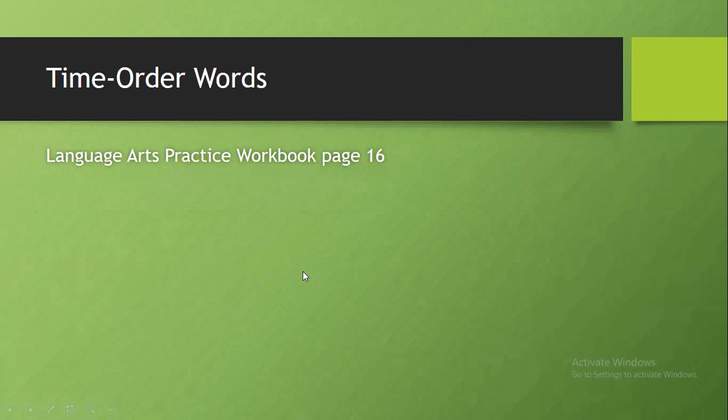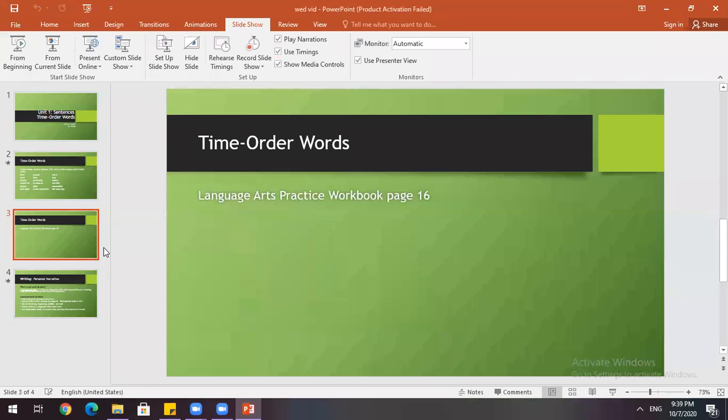Okay, so let's try to answer some of these questions together. Please open your Language Arts Practice Workbook to page 16. We're going to underline the correct time order word or words that best complete each sentence.